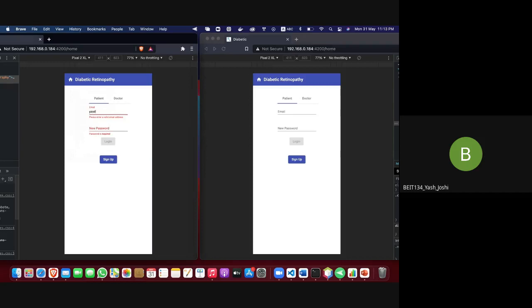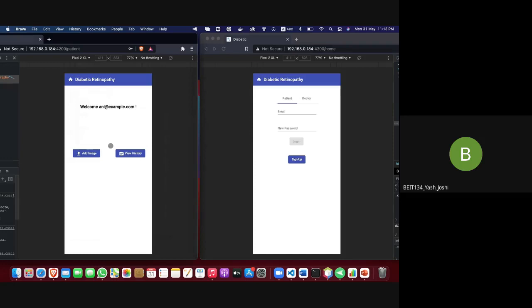Also, if there is no user present and we log in, it shows that the user is not present, and this is a part of the feedback mechanism. And if we log in with the right user, we are forwarded to the user's dashboard.